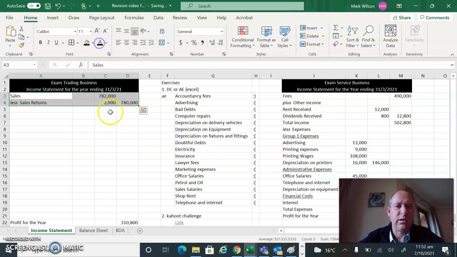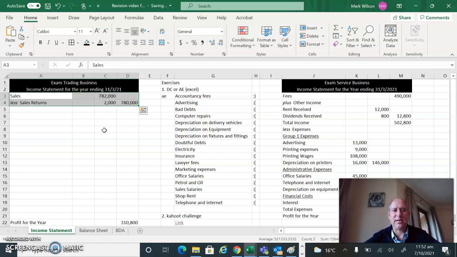For those ones, add into yours as well the numbers. So we've got 782 as the sales. We take away the sales returns to give you net sales. We don't need a heading for net sales, just a figure. 282 minus 2000 is 280. So that gives us our net sales figure.